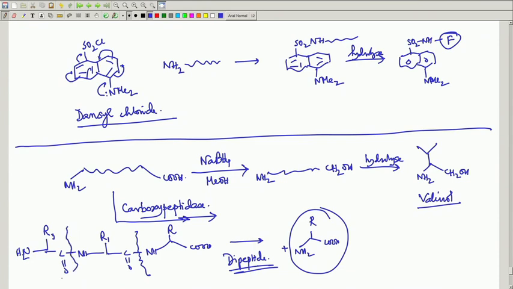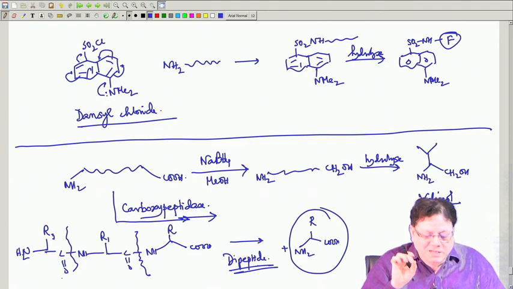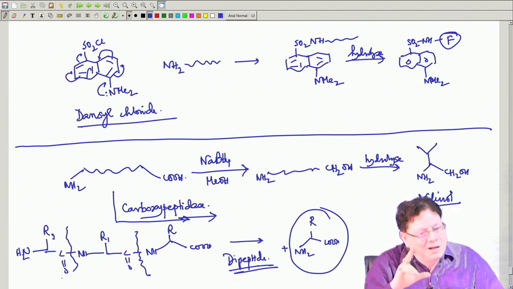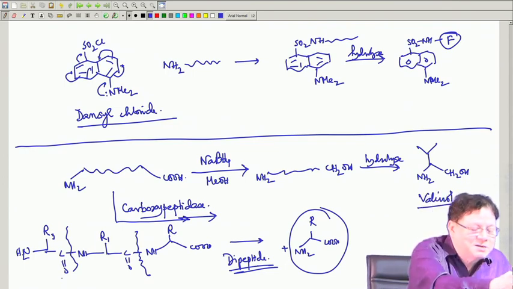So, if you allow more time, you do a time dynamics. You have a peptide, you add carboxypeptidase and you start doing detection by HPLC, to see which amino acid is coming out. So, you see that valine has come out. That means valine is the first amino acid. After 5 minutes, if you again inject, you see that another amino acid has started coming.